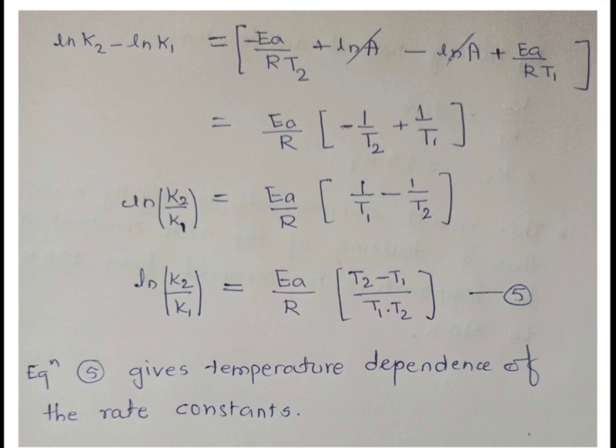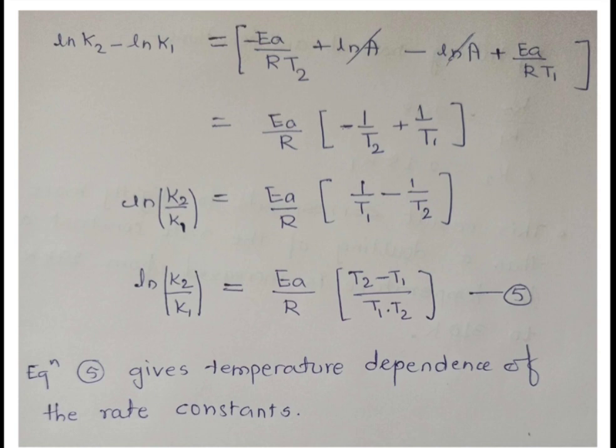So ln K2 upon K1 is equal to Ea upon R in the bracket 1 upon T1 minus 1 upon T2, and by simplifying this we get ln K2 upon K1 is equal to Ea upon R in bracket T2 minus T1 divided by T1 into T2.